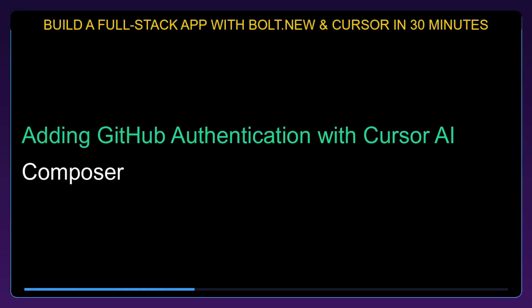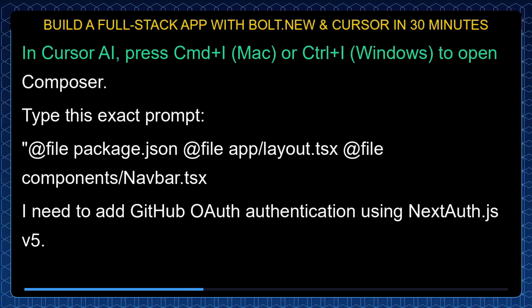Adding GitHub authentication with Cursor AI Composer. In Cursor AI, press CMD+I, Mac, or Control+I, Windows, to open Composer. Type this exact prompt: @file package.json @file app/layout.tsx @file components/navbar.tsx. I need to add GitHub OAuth authentication using nextauth.js v5. 1.